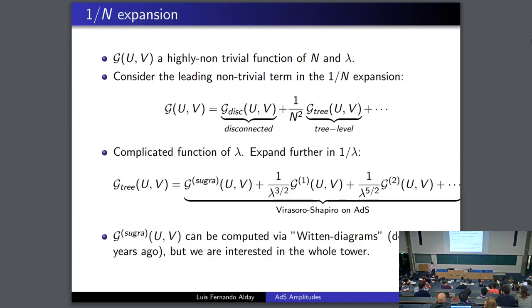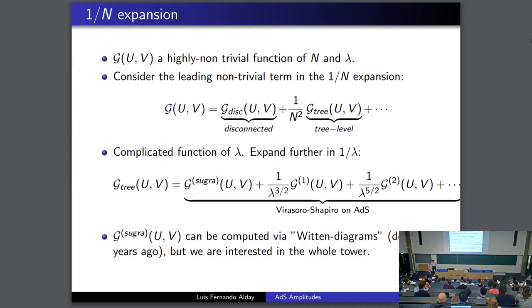I will be a bit more precise in a bit, but it's this whole tower, the whole lambda dependence that we are after. And this whole dependence is what we would call the Virasoro-Shapiro amplitude on AdS.